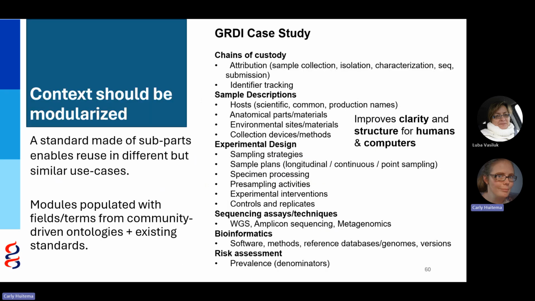So the sectioning of these field types, I won't get into detail, but the semantics of the chains of custody, where they are, who created them, the identifiers, sample descriptions, that host or other sample type, experimental design, the kind of strategies and controls, and on and on.